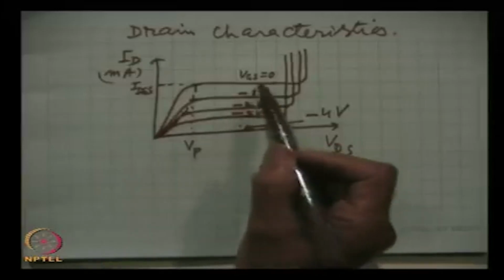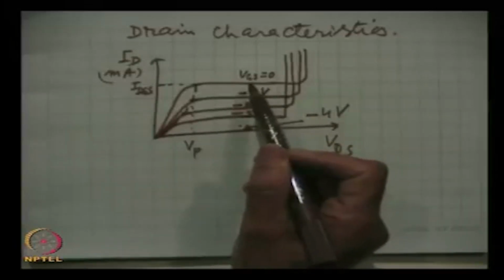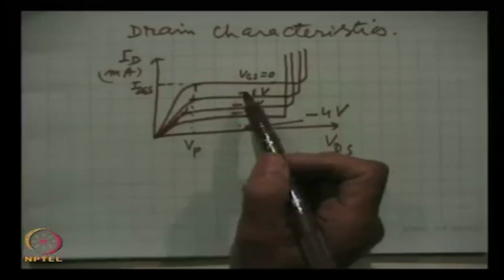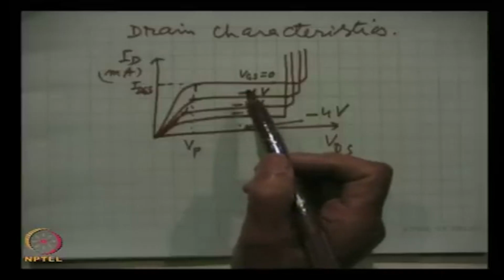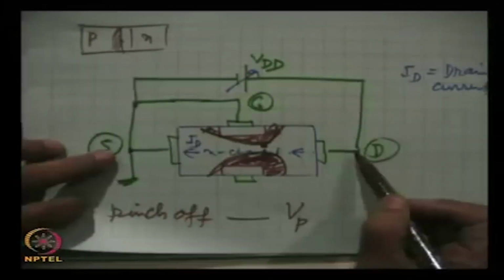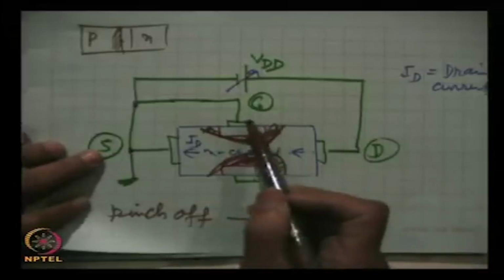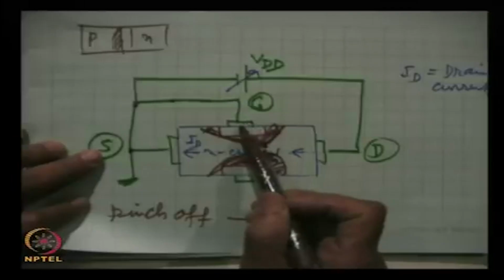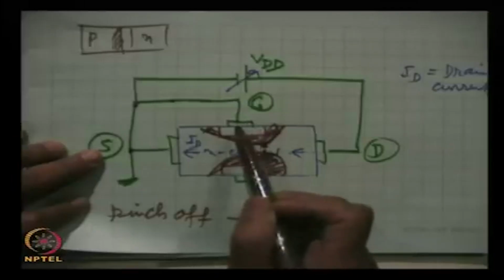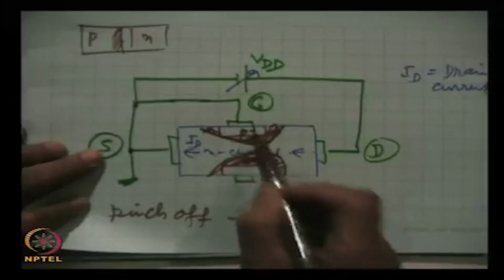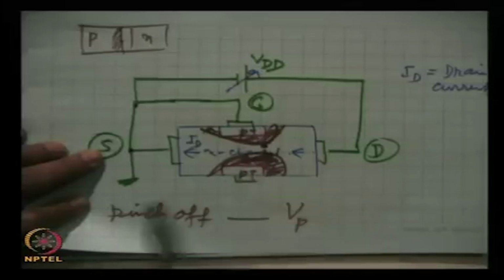Now, why when we make the gate more negative does the current fall? If you have followed the discussion we made earlier, keeping the drain source voltage fixed, if we change the gate voltage and make it more negative, we are reverse biasing this P region and this P region.